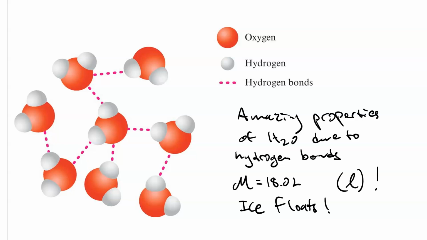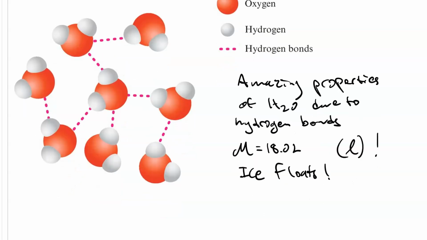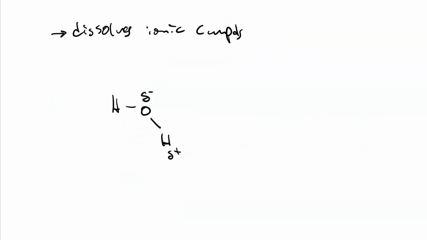Water is also good at dissolving lots of different things, especially ionic compounds, salts. Think about that. That's really good for us because we are like 70% salt water or something like that. Because water has the negative and positive partial charges, the negative can attract a cation, right?